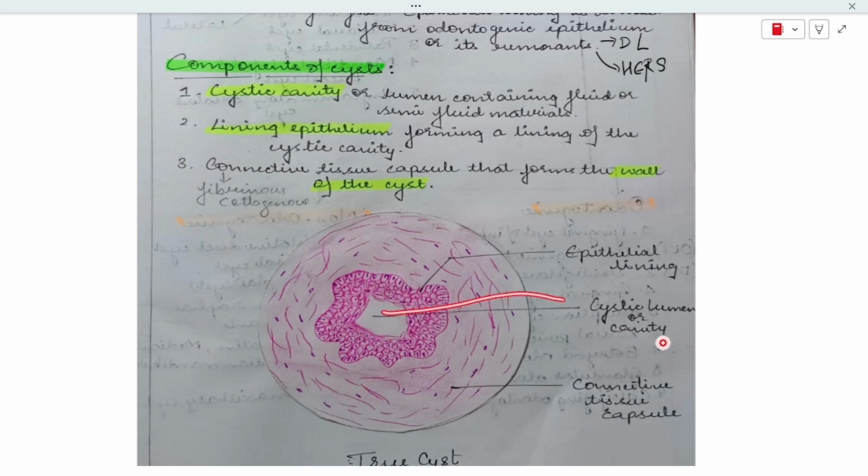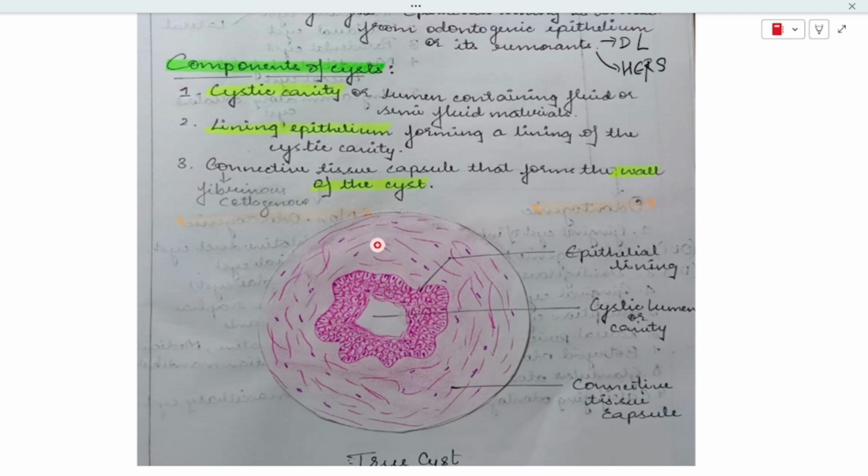The cystic lumen or cavity contains fluid, semi-fluid or gaseous material. Gaseous material is majorly seen in bony cysts; we'll learn that later. The second component is the epithelial lining, which is generally derived from the surrounding structure.